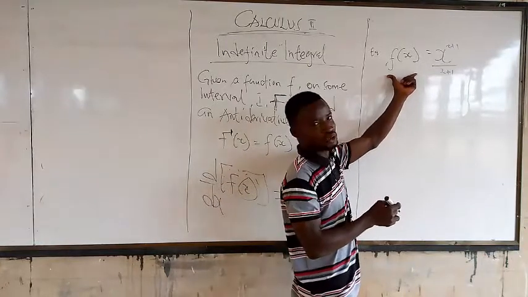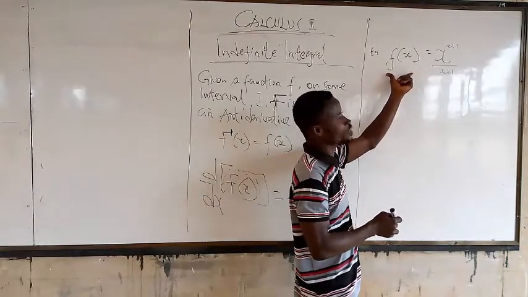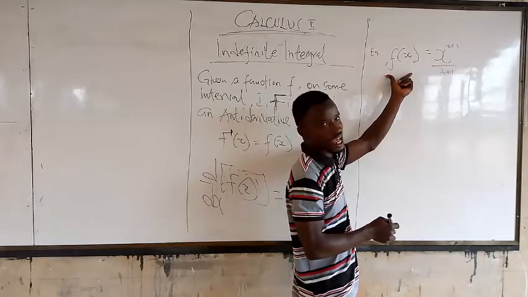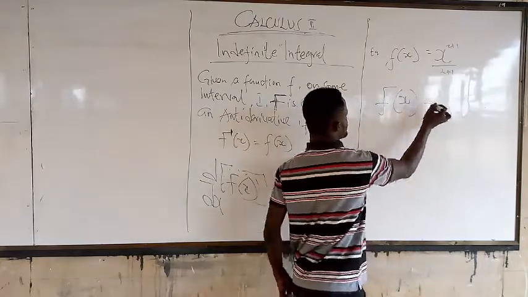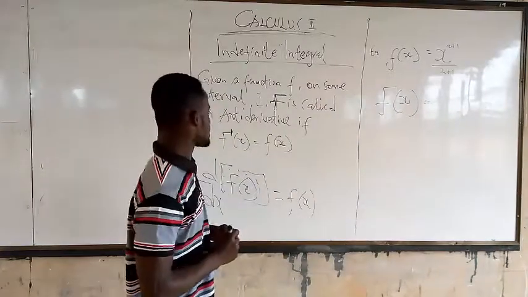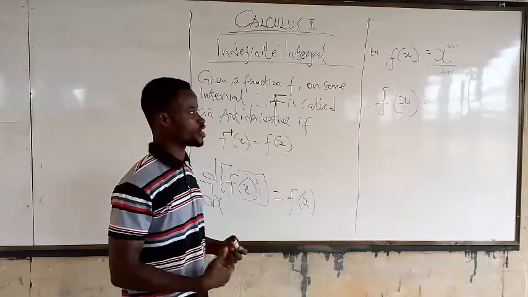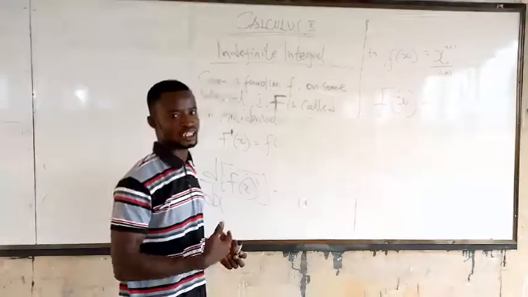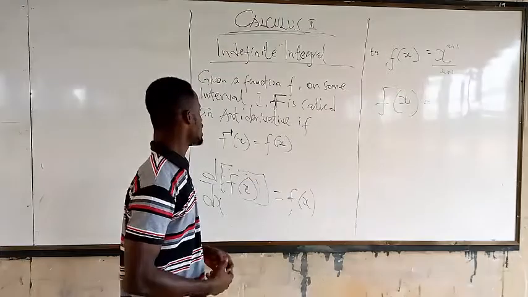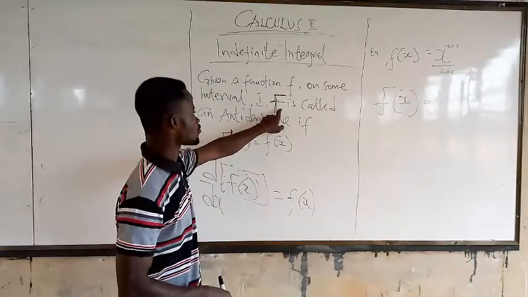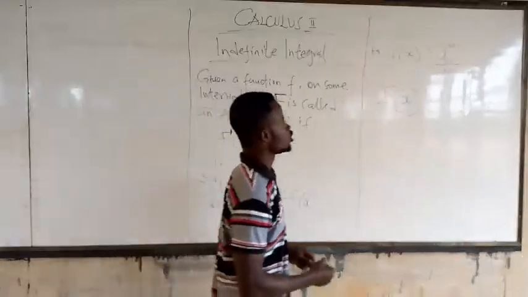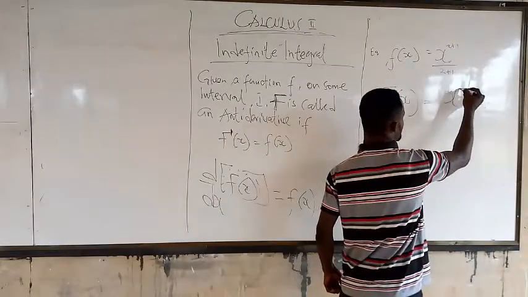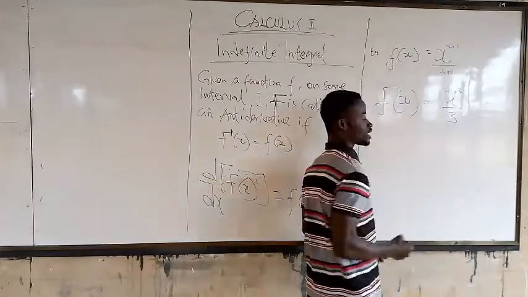When you integrate this, you are going to get capital F of x, because integration is the same as area. The result of an integration gives you an area, and that area is capital F, called an antiderivative. So this is going to give you x to the power 3 over 3.